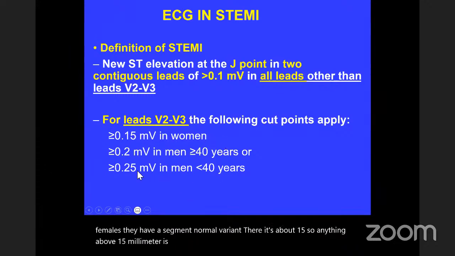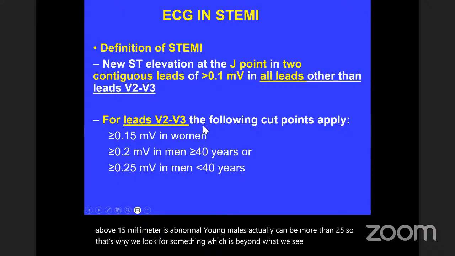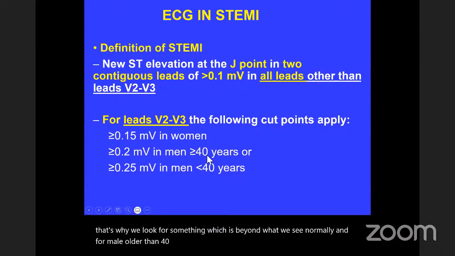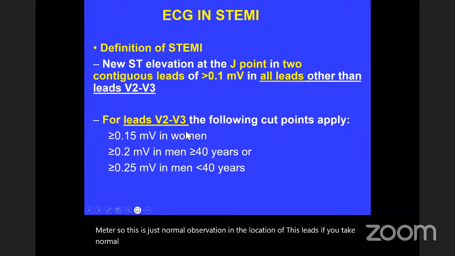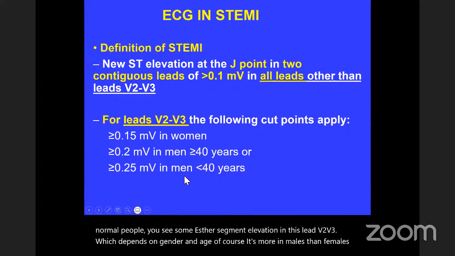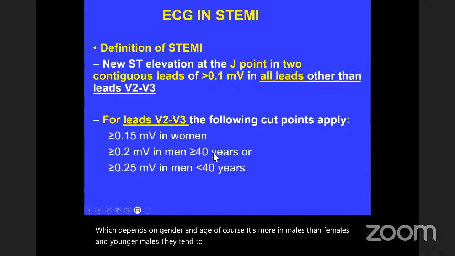In young males it can be more than 2.5. That's why we look for something beyond what we see normally. For males older than 40 it is about 2 millimeters. This is just normal observation in the location of these leads. If you take normal people, you see some ST segment elevation in leads V2 and V3, which depends on gender and age, of course. It's more in males than females, and younger males tend to have more ST segment elevation than others.